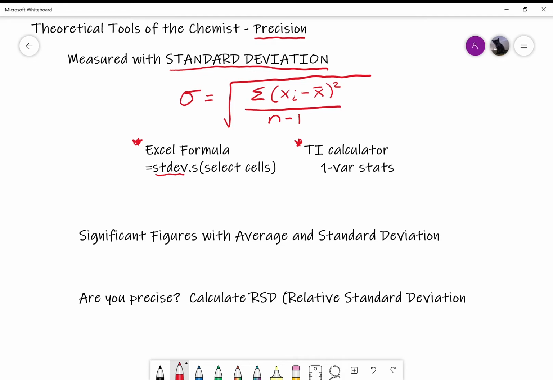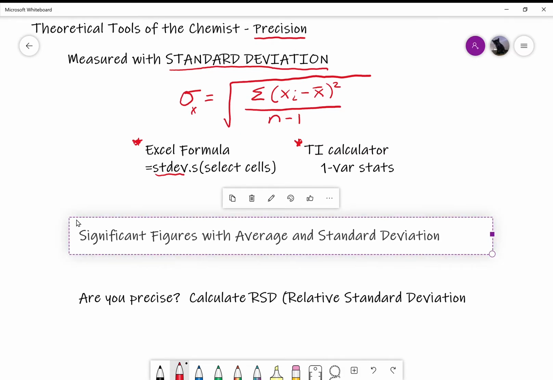On the TI calculator, you do the one variable stats, and it'll give you sigma of x, and that is your standard deviation. For information on how to calculate this via Excel, please take a look in Lab Archives under the Excel guide, and there's instructions on how to do it there.